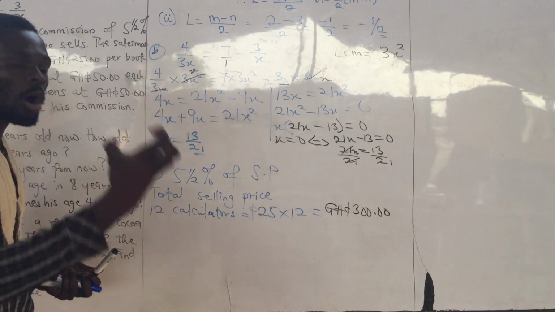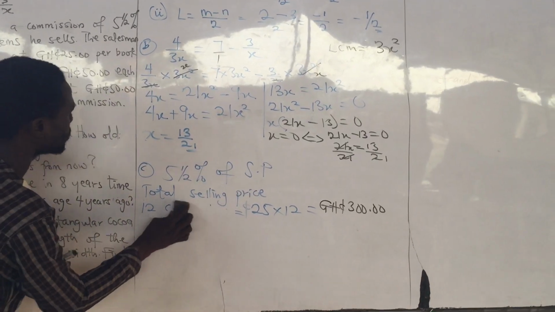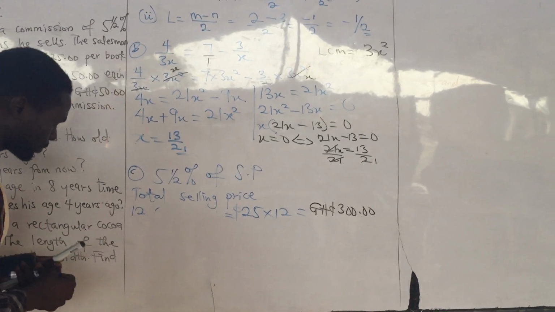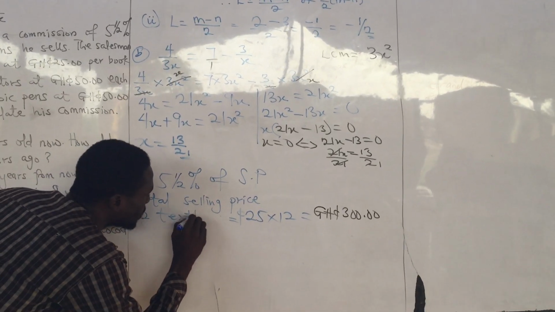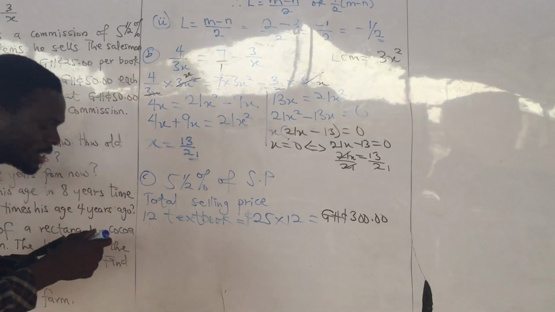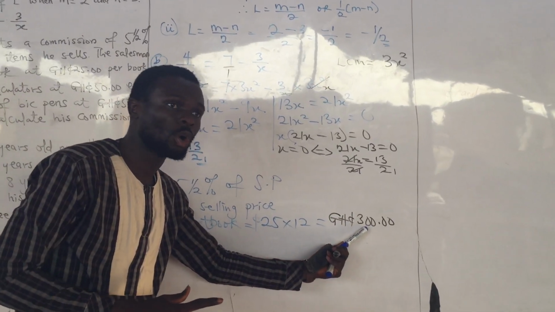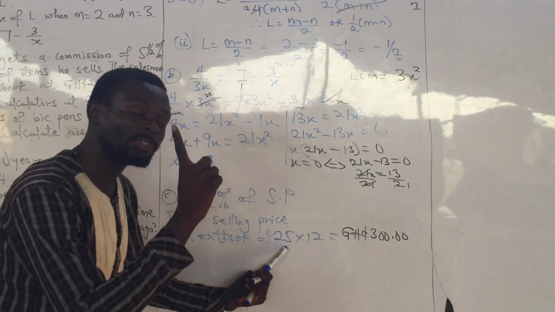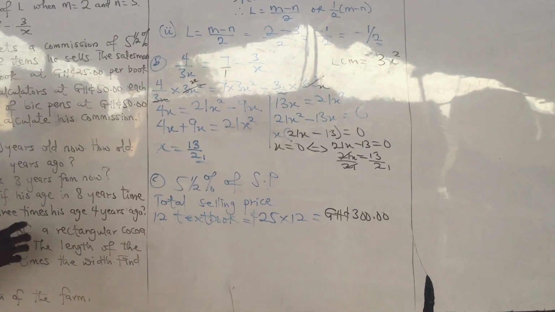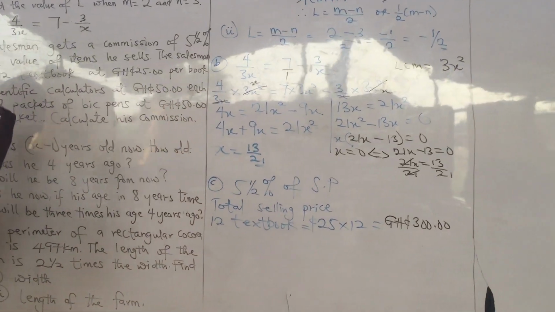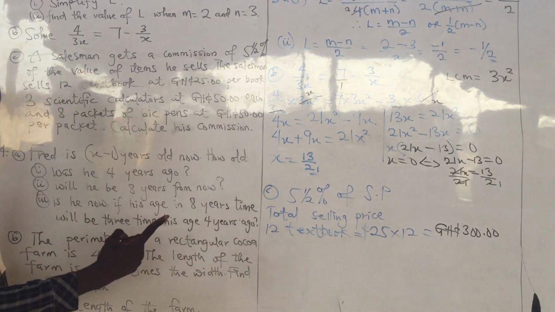So for selling 12 textbooks, the cost is 300 Ghana cedis because he sold 12 and one book is 25 cedis. And when you continue, he says that he also sold 13 scientific calculators at 50 cedis each.